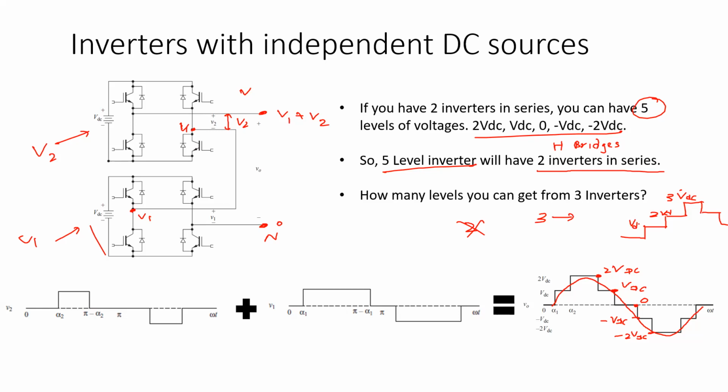And if only one is generating voltage, it is VDC. So you have 3 here and you have 0. Then on the other side, you have these 3 again. So if you have 3 inverters, you can have 7 levels. So this is given by 2K plus 1 levels, where K is the number of H bridges.